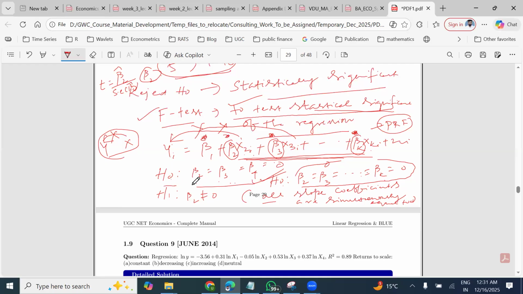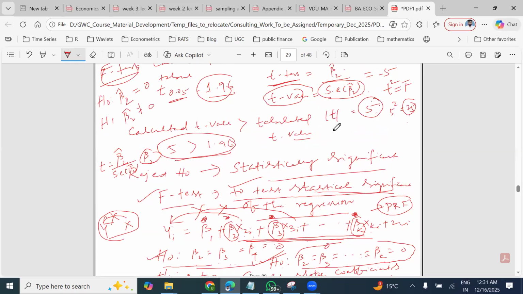Because in regression we have started with the PRF. PRF is the functional hypothesized relationship between, let's say, consumption and income. You are trying to test that beta 2 is 0, meaning there is no effect of income on consumption. That is a theoretical relationship.